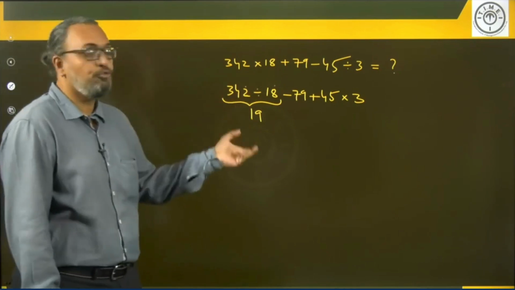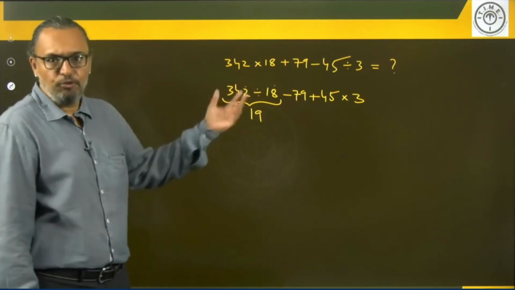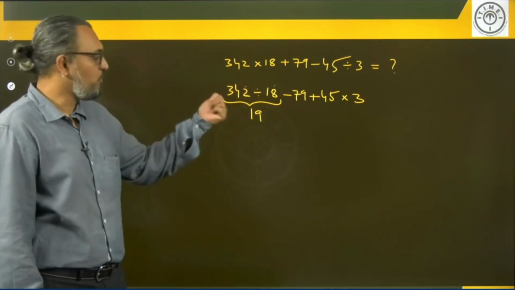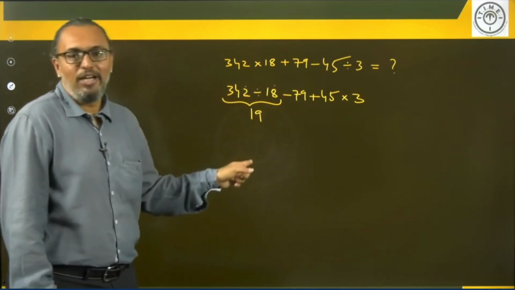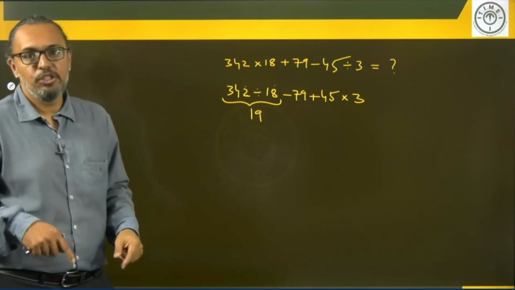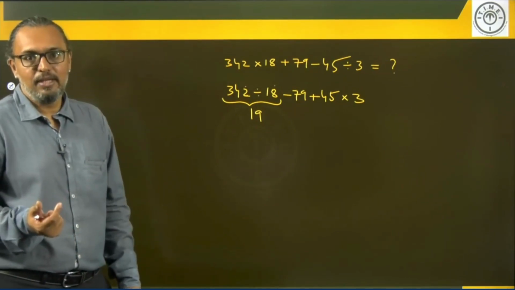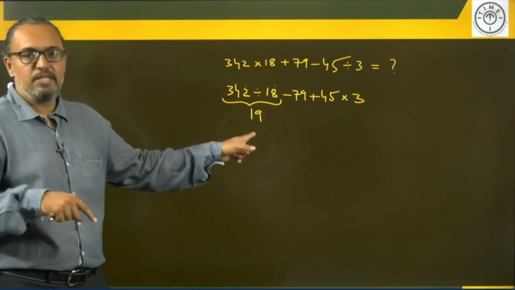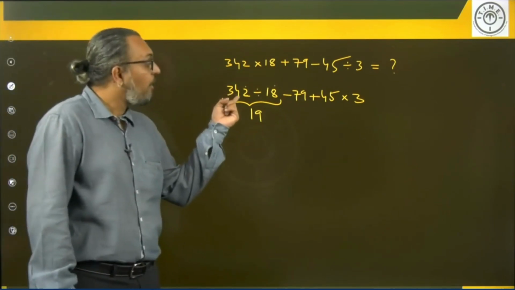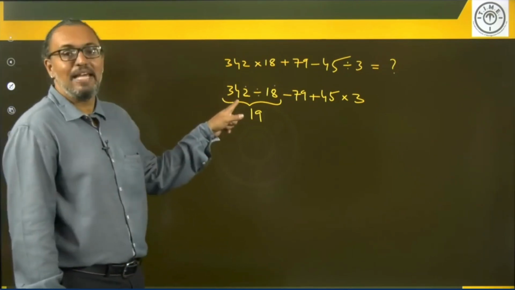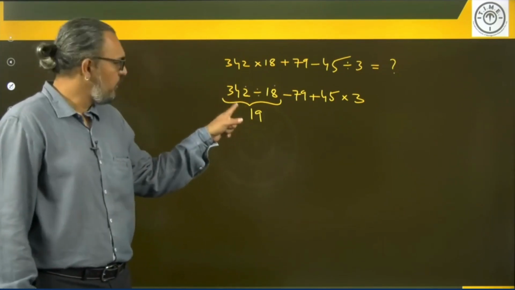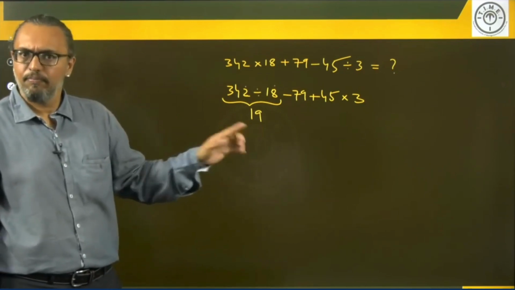So, it is either into 14 or into 19. So, into 14 it is not going to work, it is going to be less than that only. So, into 19. So, if I do 18 into 20, that is 360, correct? And I have to do 18 into 19, which means you reduce it by 18. 360 minus 18 is 342. So, 19 is what I am going to get, correct.